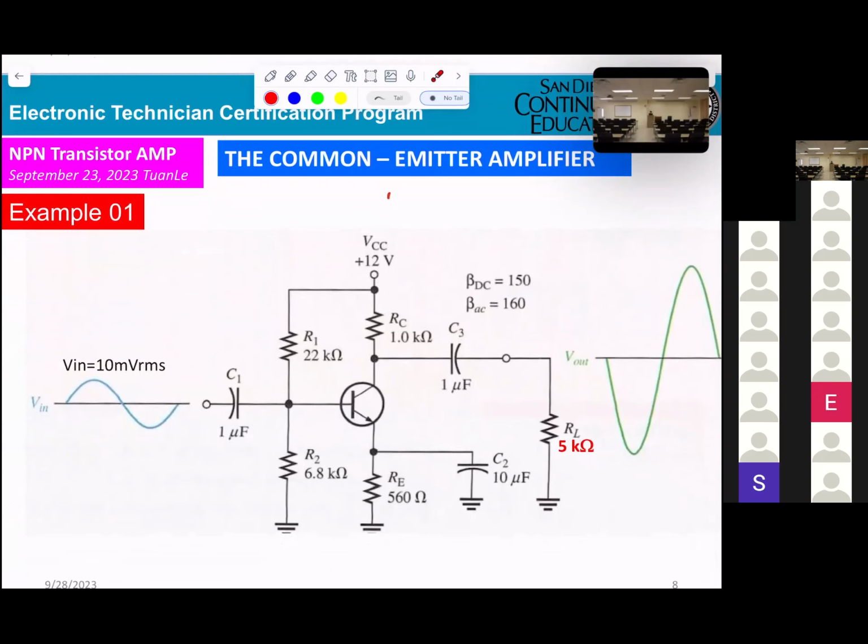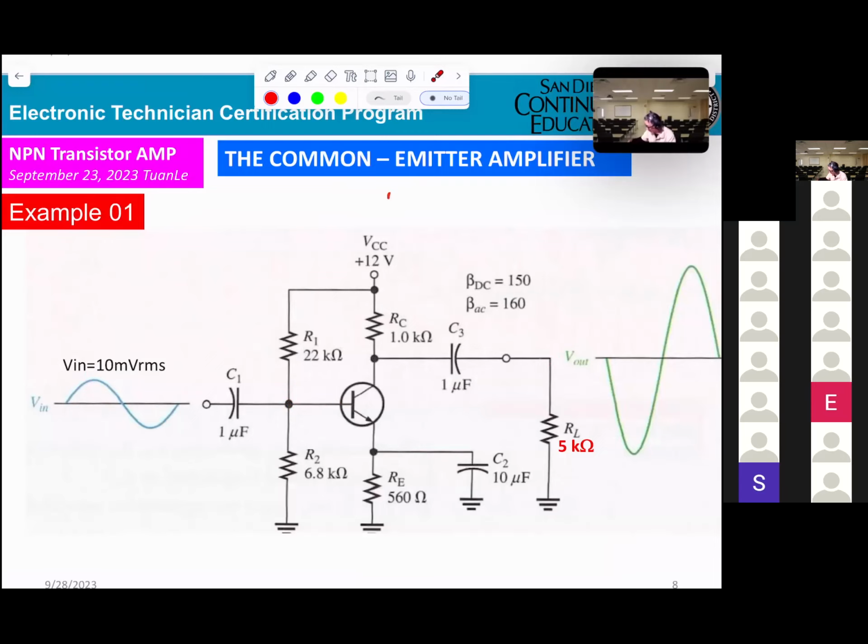Example number 1. This is a common emitter. The thing is, you get the input sideways, go to the base. Output from collector.